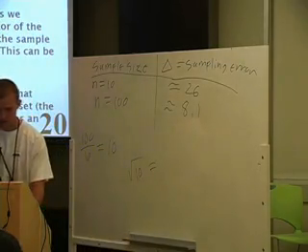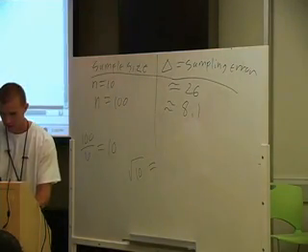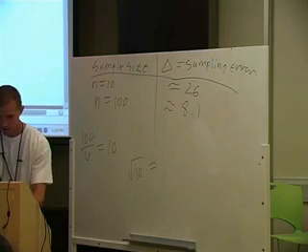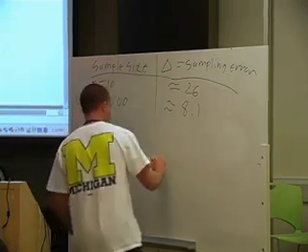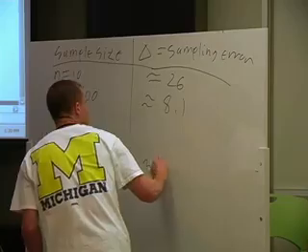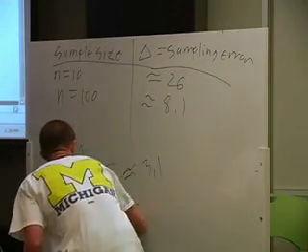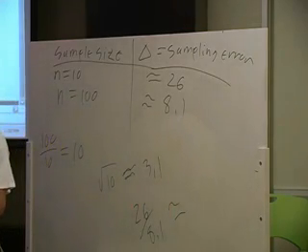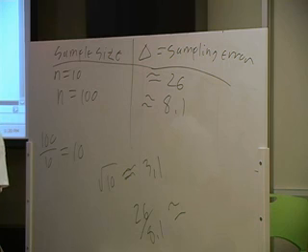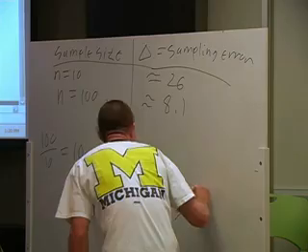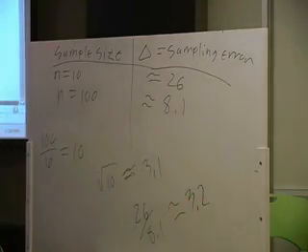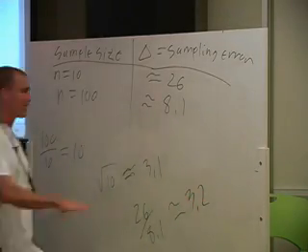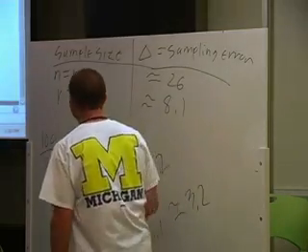And likewise, the ratio of 26 to 8.1 is about 3.2. So that's perfect if you only keep one decimal. So that's the square root relationship.